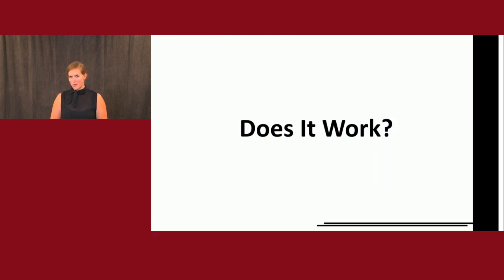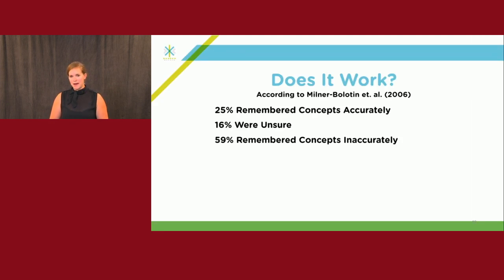So then we come to the big question. I've delivered to you this big fancy new system. Does it actually work? Does this actually improve people's content learning? And here is what we found. In the same study that we looked at before, where only 25% of people walked away accurately remembering concepts, and lots of people remembered concepts inaccurately, they applied similar principles to what we did.